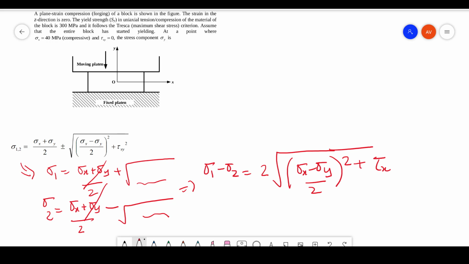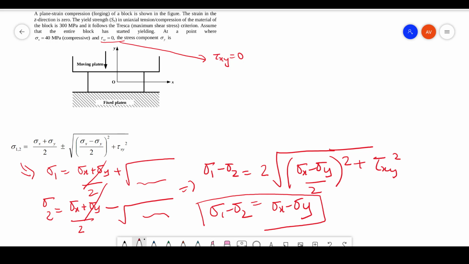plus tau xy square. So now you can see that you are given tau xy is 0. So you can further reduce this in this term. Yes. So you can see what you get finally.